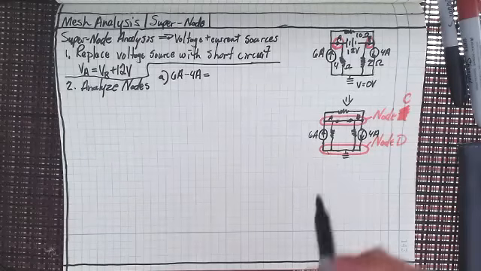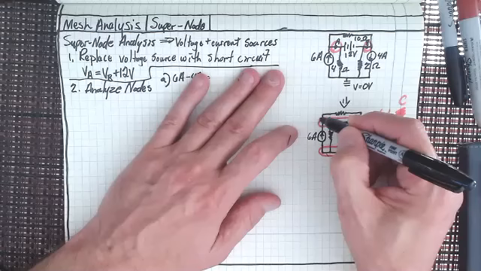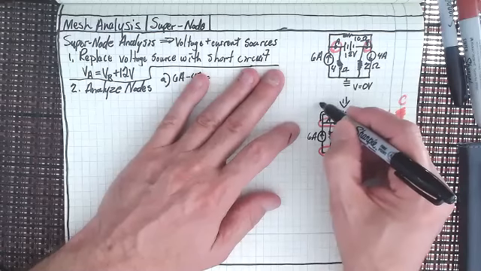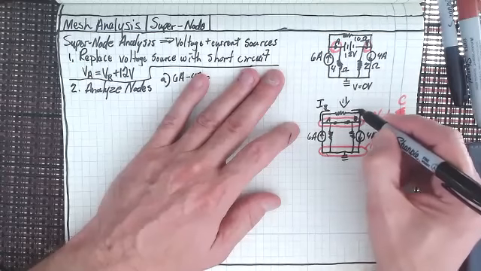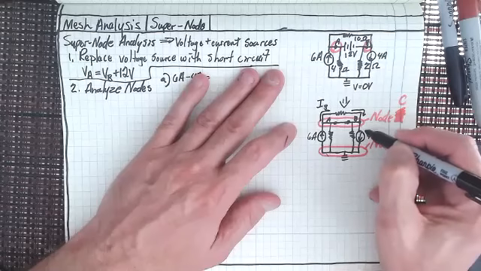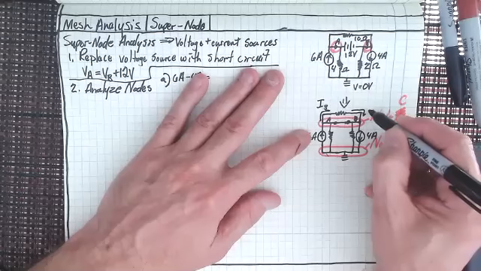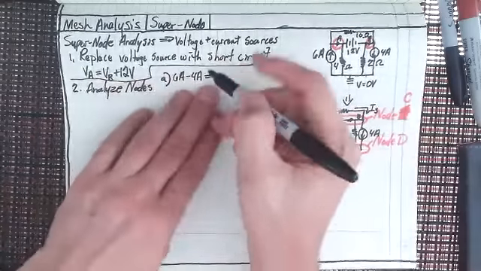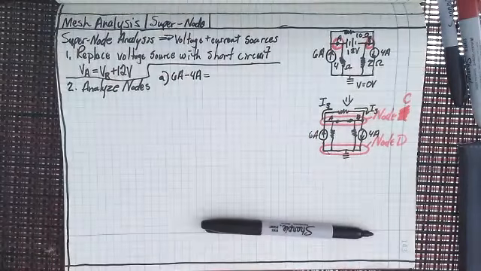Let's say that I assume my current up here is flowing that way. I will call that I3. It's flowing around here and flowing back into here, so it flows out of the node and back into the node. So actually, I shouldn't put an equals.